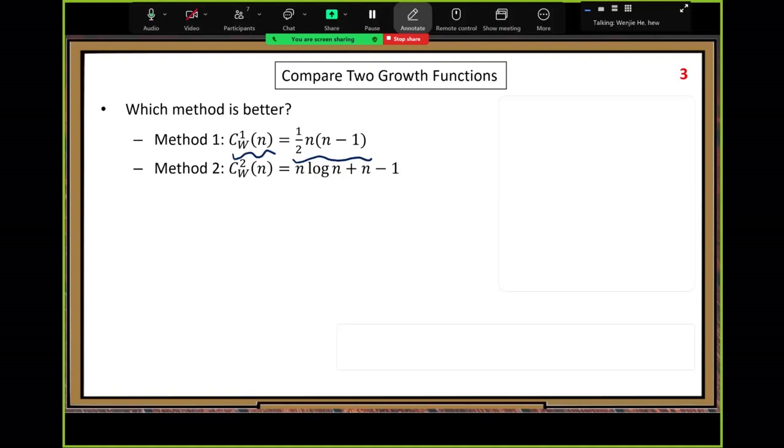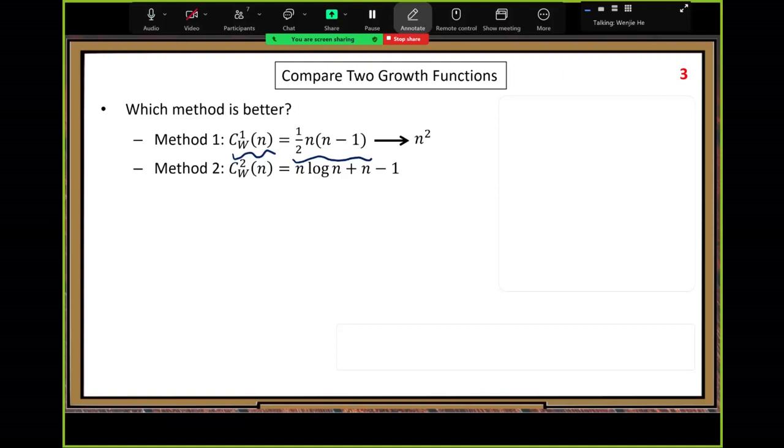Each function has multiple terms, right? So if you do the expansion, each function you have multiple terms.